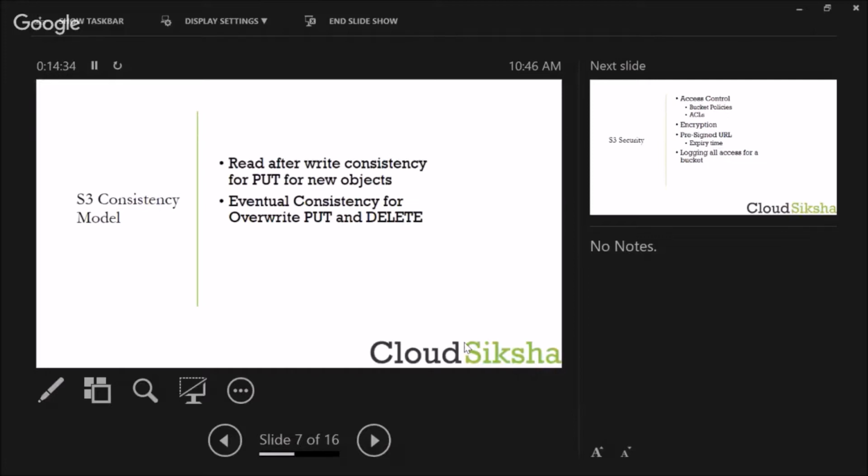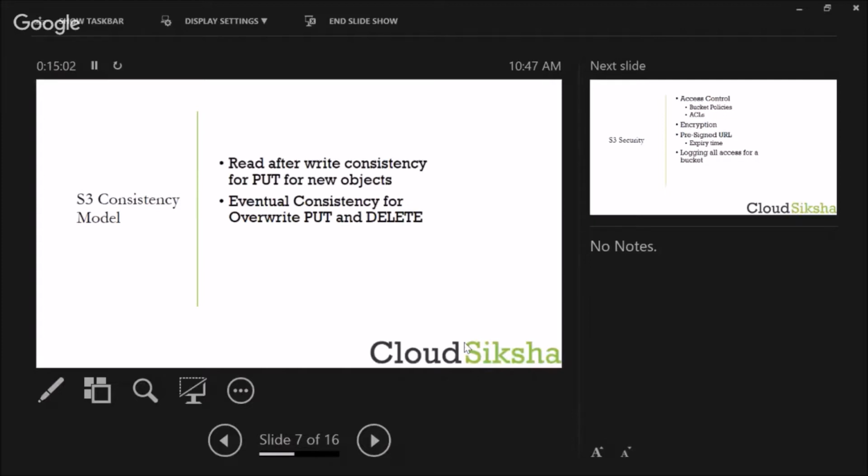That doesn't happen because we have read after write consistency for put of new objects. Whenever you load a new object, you can be sure that once it says the object is loaded, anybody who tries to get the object will definitely get it. Whereas that's not the case in overwrite put and delete, which are eventually consistent. So this question may appear in the exam about the consistency model. Keep this in mind.